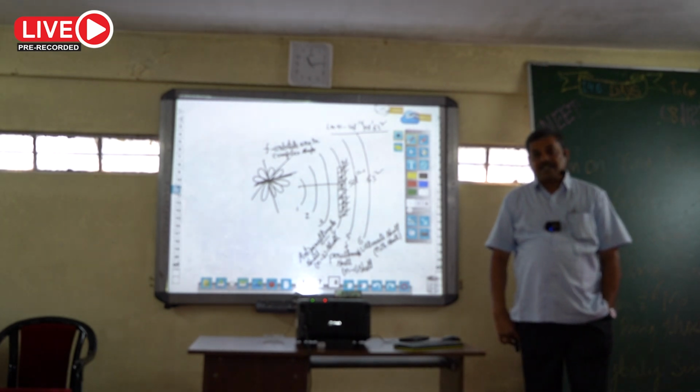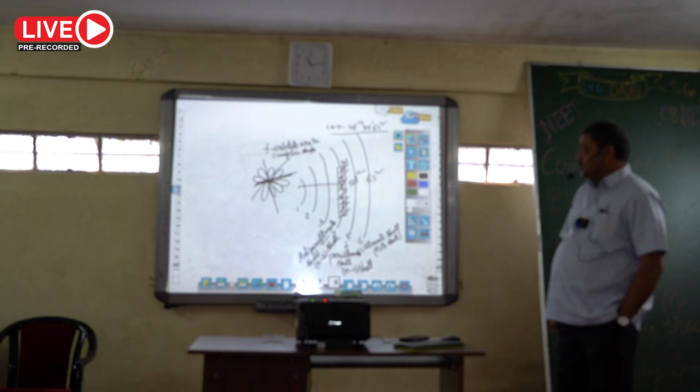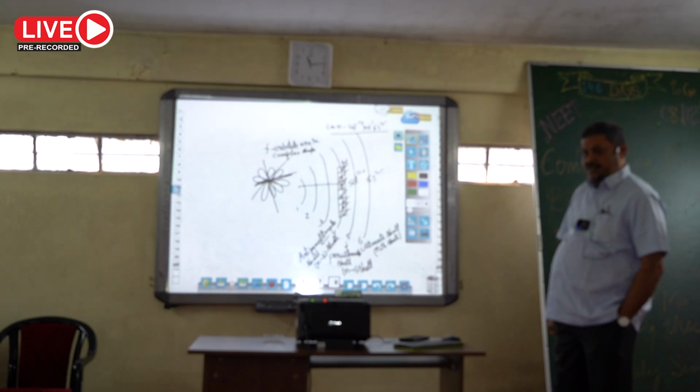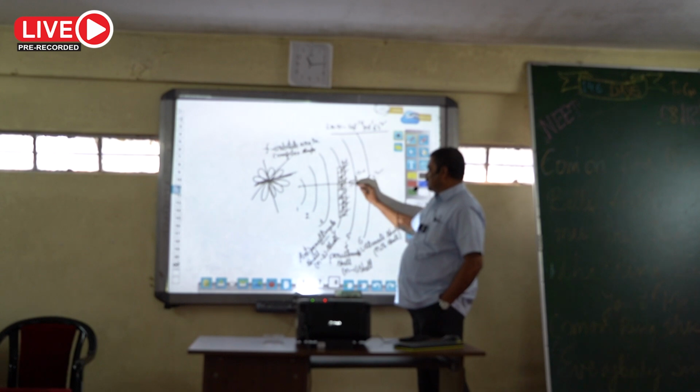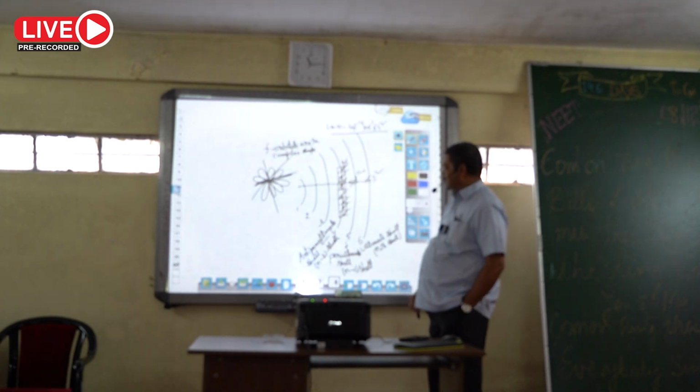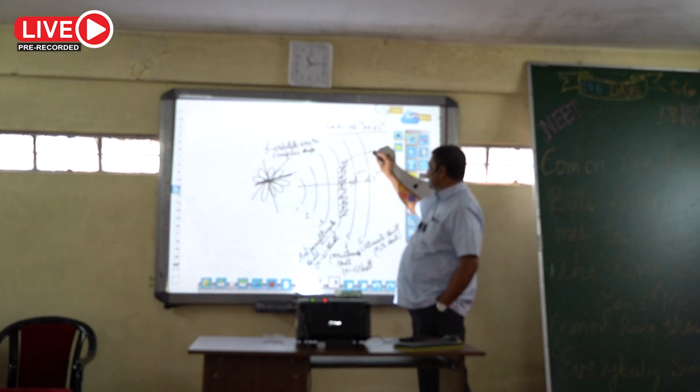So this complex shape of f orbitals, or peculiar shape of f orbitals, can't prevent the nuclear attraction reaching the outermost electron. So they cause poor shielding effect.